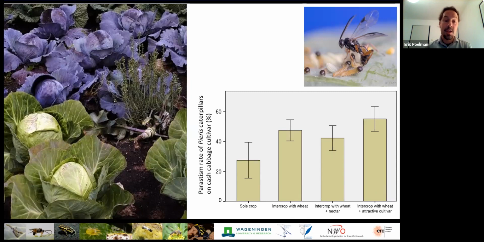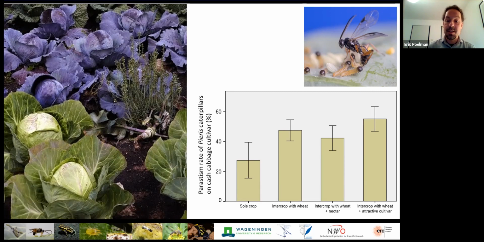And we thought, if we can now mix these strips of your cash cultivar with a more attractive cultivar, can we then make sure that also the parasitism level on your cash cultivar goes up when you replace that in a replacement design of 1 out of 10 plants with an attractive cultivar.